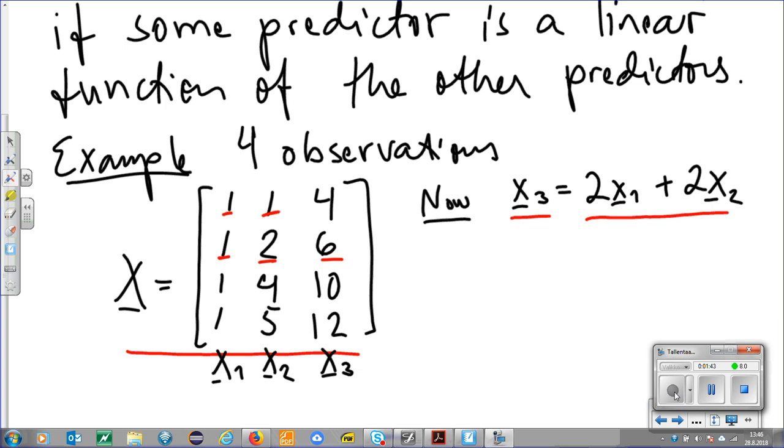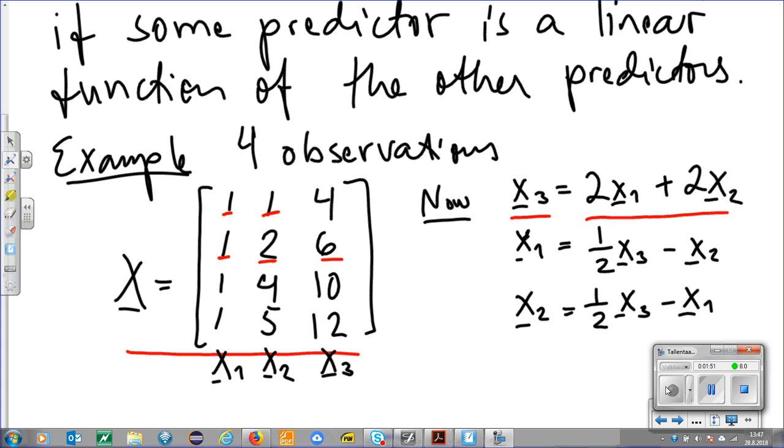So this formula is true, and the following 2 formulas also hold naturally. So x1 can be written as a linear function of x3 and x2, and x2 can be written as a linear function of x3 and x1.